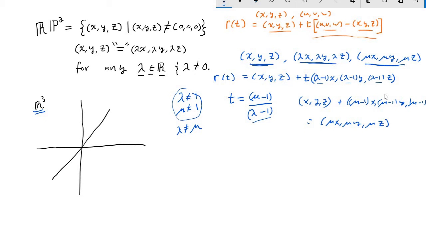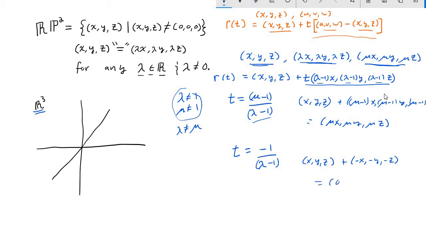The other thing to notice is that I could take t and I could let t be equal to negative 1 over lambda minus 1. In this case, over in this part of the equation, the lambda minus 1 in the denominator would cancel out with these lambda minus 1s, and I would be left with x, y, z plus negative x minus y minus z.